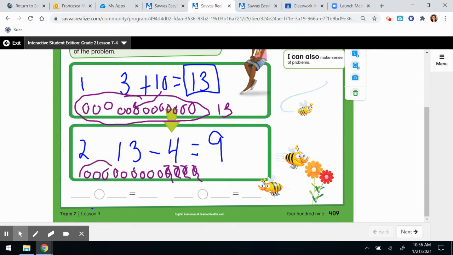And I am left with 9 bees. See how that happens? So down here, let's write out our equations that we wrote. We did 3 plus 10 equals 13. And then we did 13 minus 4 equals 9. Take a second to write that down.